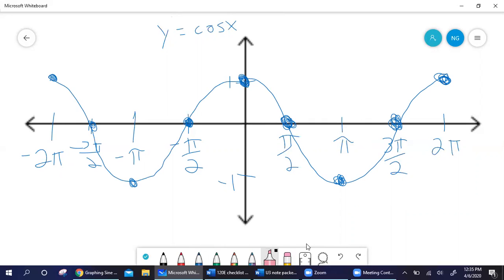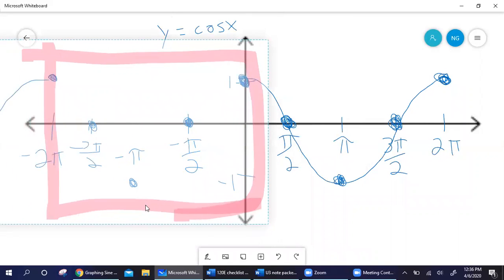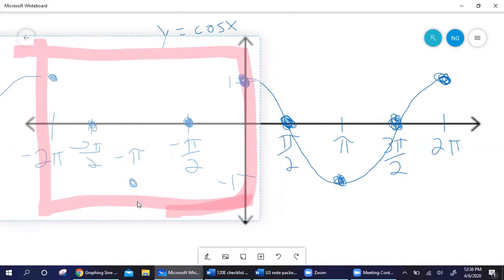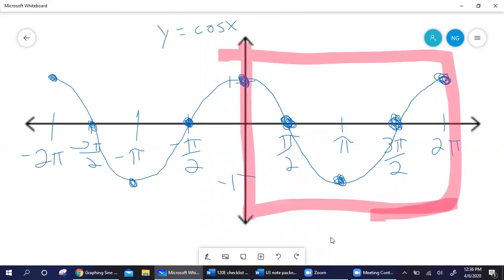So just like with sine, a snapshot of cosine takes 2 pi to complete. If I look over here, this is just another snapshot of cosine. Oops, moved my whole thing there with me. Let's just draw it again.